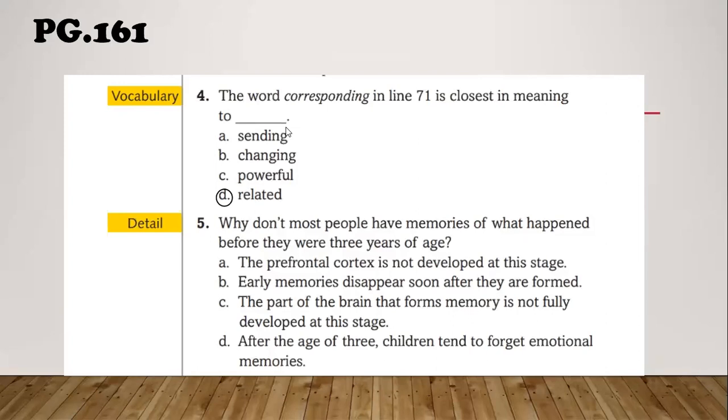Number 5, discussing number 5. What do you think? Andrea Guzman, Meli, yes, you are right. You both are right. It's letter C. It's because the part of the brain that forms memory is not fully developed. That is why we can't remember when you were or when I was 2 years.